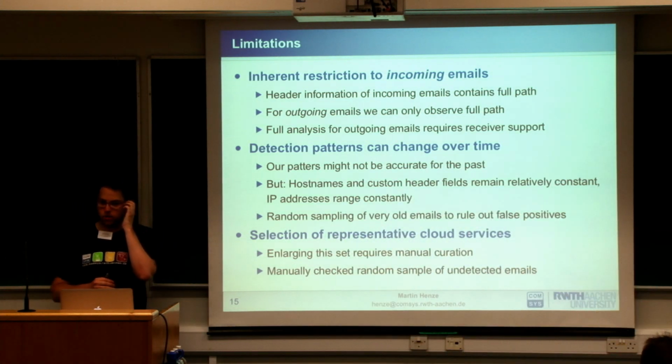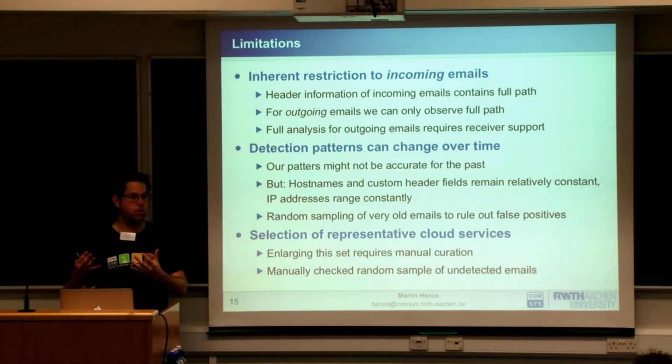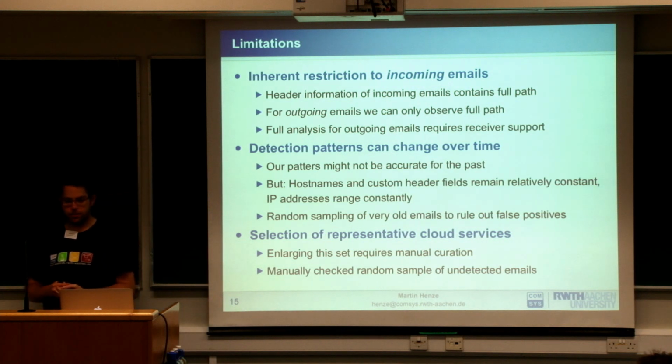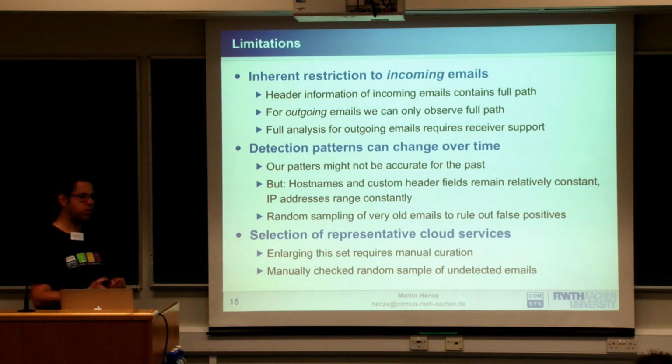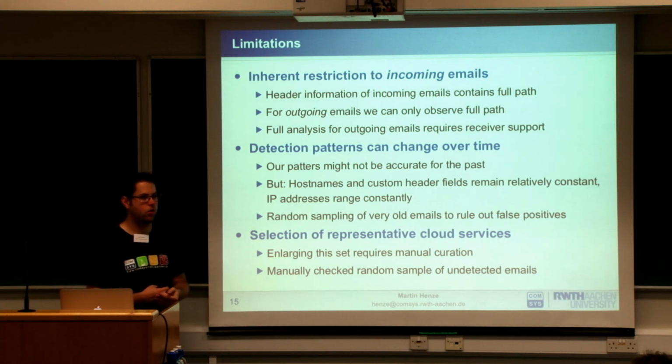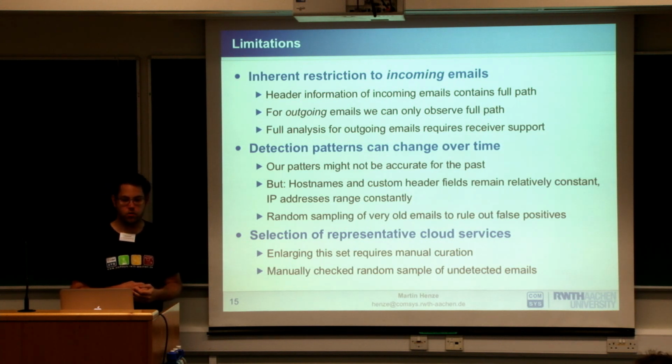And for the IP addresses for cloud services, you essentially see that they grow, but nobody would abandon IP addresses. For the very old data in our data set, we did some random sampling to make sure that we are not causing error problems, and it seemed that our information really isn't wrong. We didn't see any false positives there.